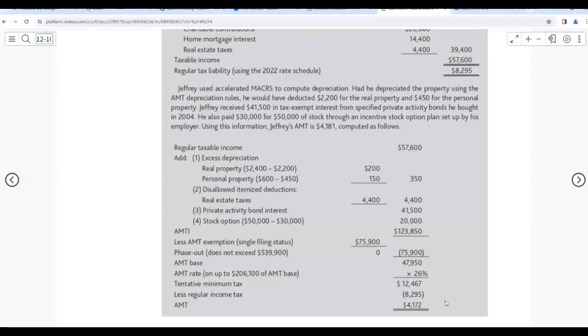So basically, what they're saying is tax exempt is really not tax exempt, because you get charged on it. It is tax exempt, but you get to a point where you are making a little bit more than a low income person, and when we calculate your AMT, a little bit of that exemption ends up being taxed.